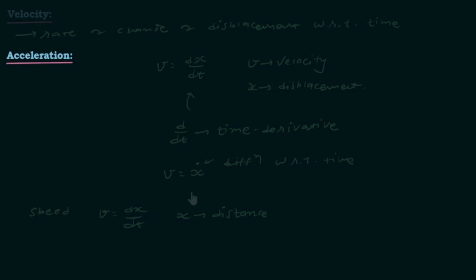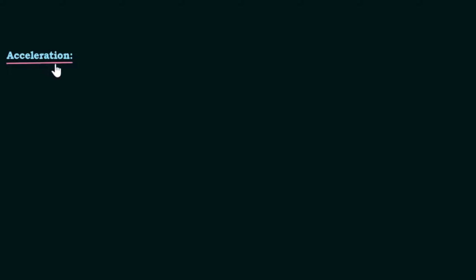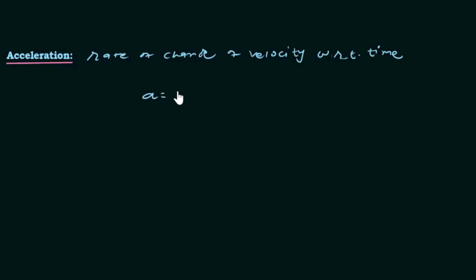Now our another quantity is acceleration. Basically acceleration is the rate of change of velocity with respect to time. So I can put acceleration equals dv upon dt. Basically acceleration is just the time derivative of velocity.